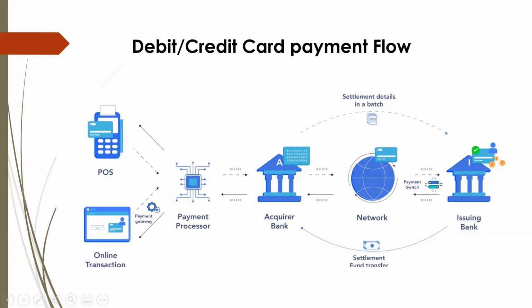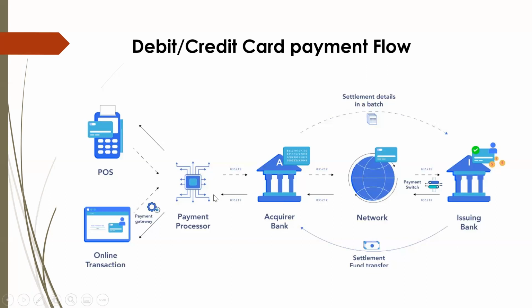That is called the issuing bank. And this is called the acquirer bank. The acquirer bank is the one where this particular merchant has an account. Let's say this is ICICI Bank, the acquirer bank, and this is HDFC Bank, the issuing bank: you have an account with HDFC, and your merchant has an account with ICICI.